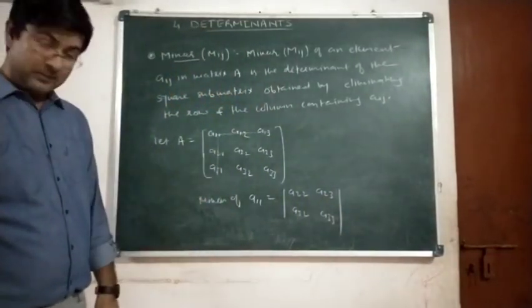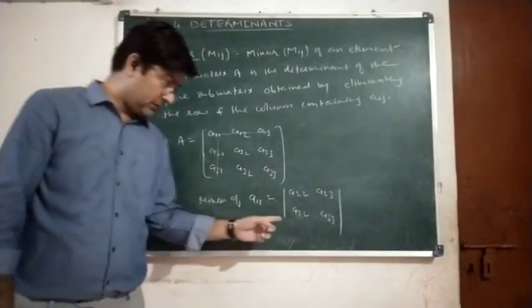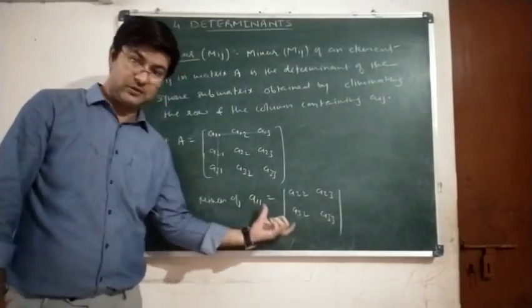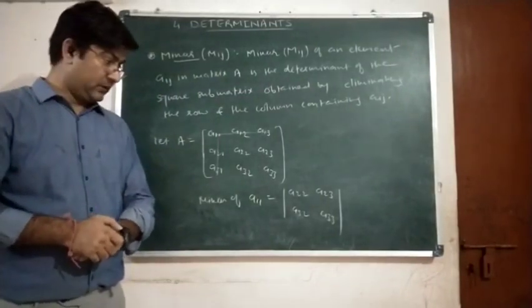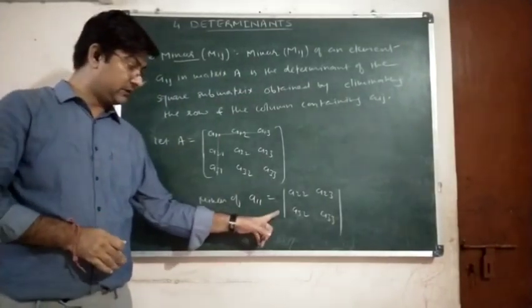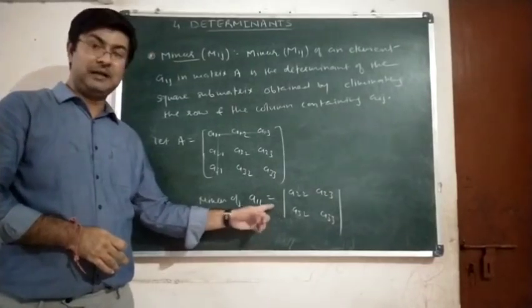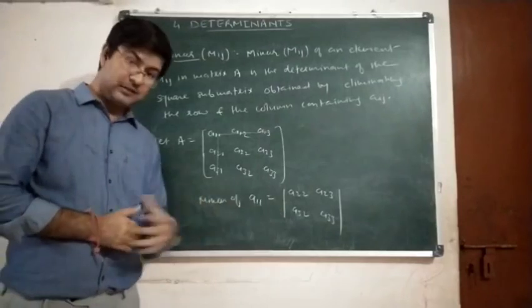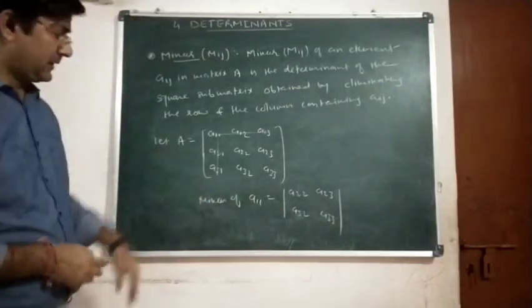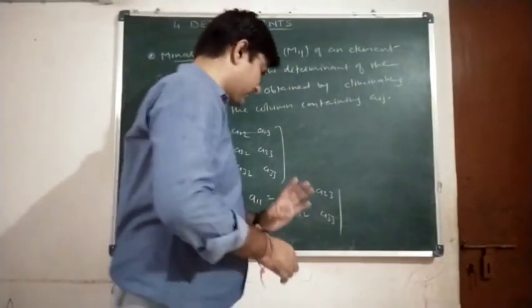Clear? Similarly, you must recall that we use this while expanding a matrix of order 3. Yes or no? But the only difference is we are multiplying this minor by minus 1 raised to i plus j, and that is the cofactor that we will see after minor. So minor of A11 we got.